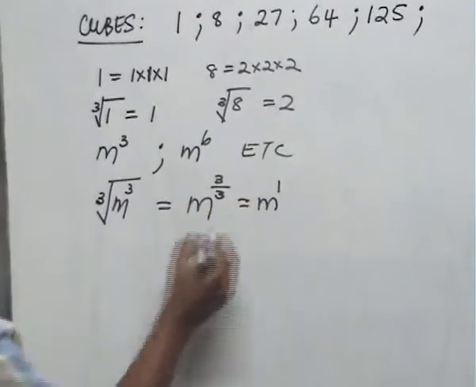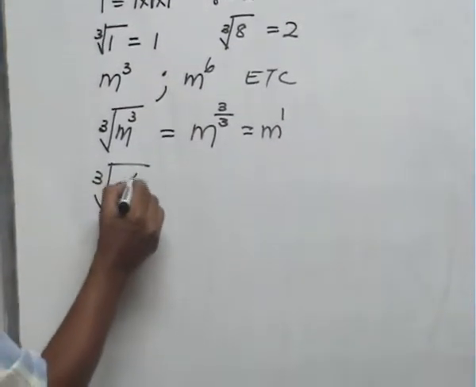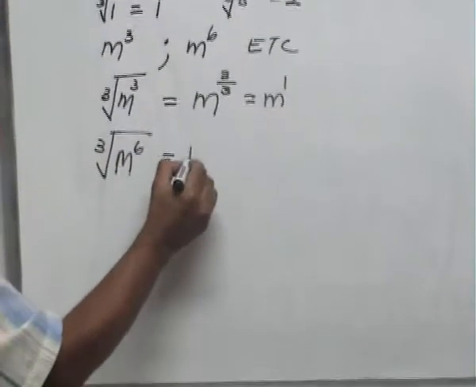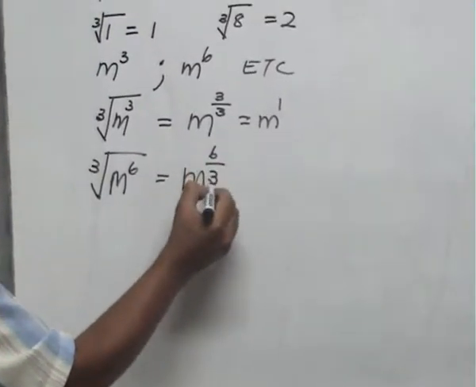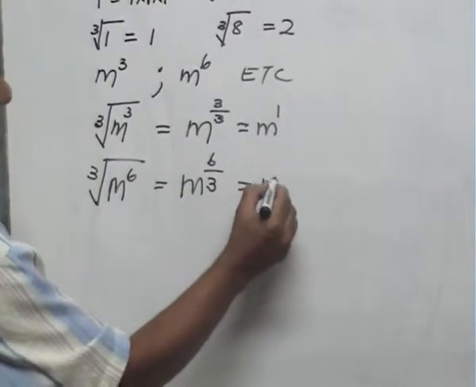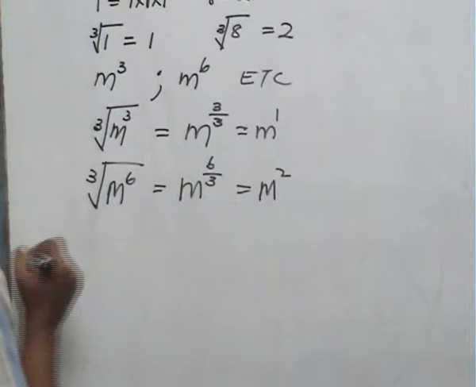So you get M to the 1. If you find the cube root of M to the 6, you write down M to the 6 and you divide by 3, you'll end up with M squared. That's supposed to be a small 3 on top there.